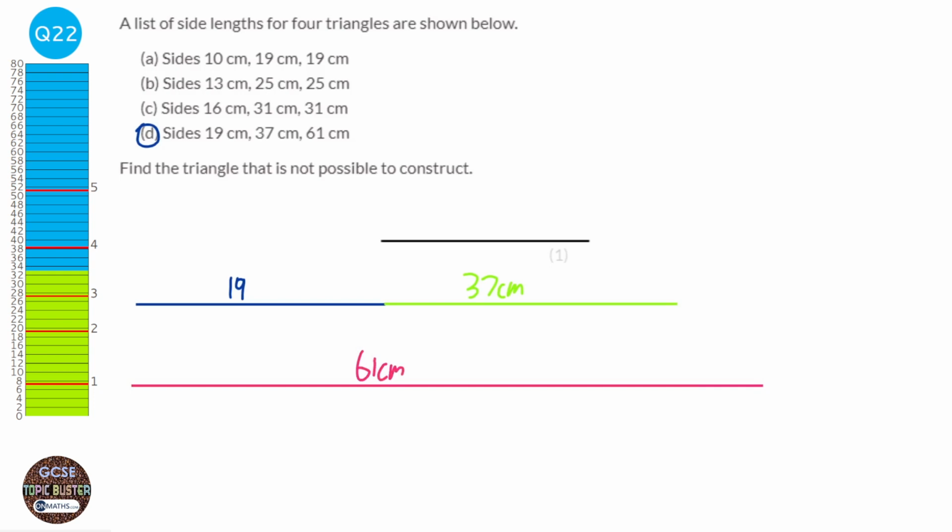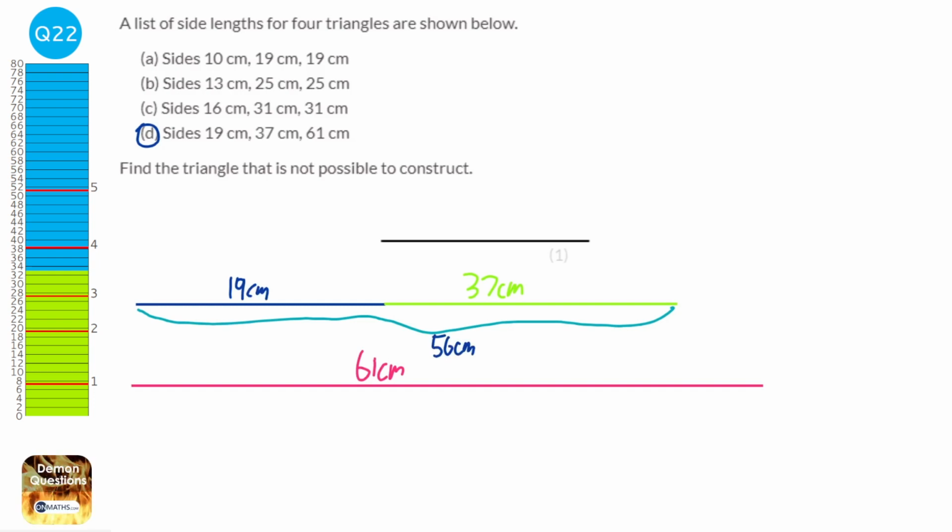Now, looking at the first 2 sticks, when we add them together, 19 centimeters plus 37 centimeters is 56 centimeters. So that's the combined width of them. And you can see that that wouldn't be able to create a triangle if the third stick is 61 centimeters.